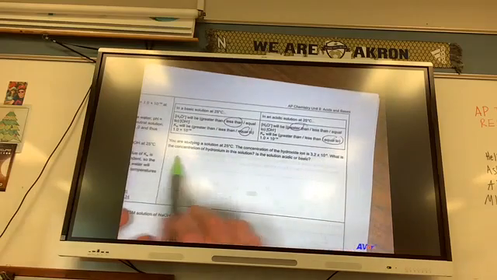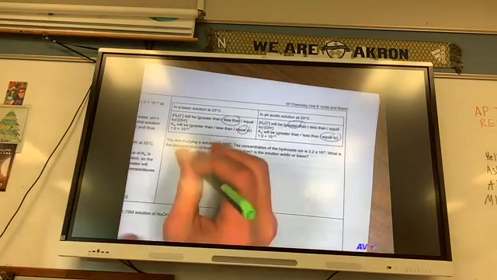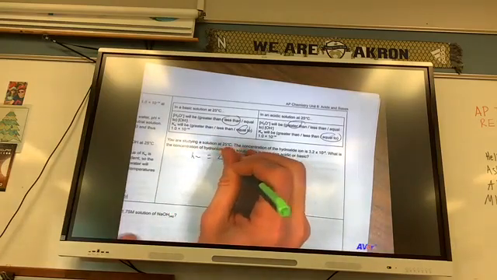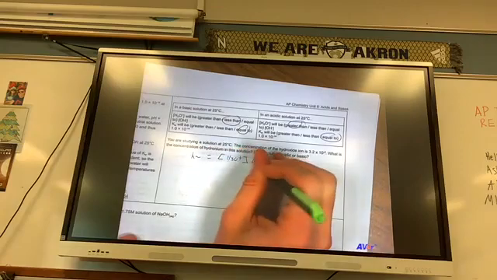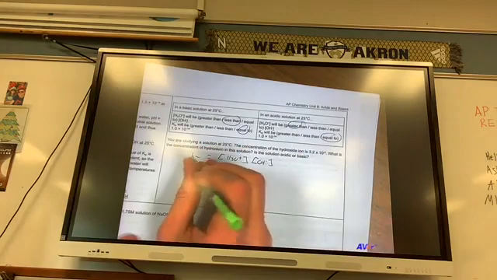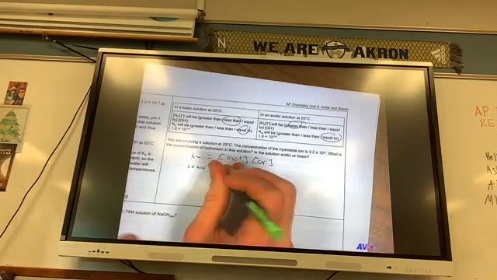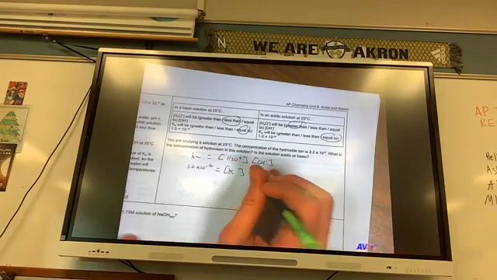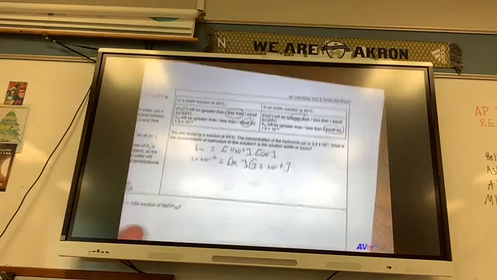What is the concentration of hydronium? So remember, KW equals the concentration of H3O+ times the concentration of OH-. So 1.0 times 10 to the negative 14th equals X times 3.2 times 10 to the negative 4th.